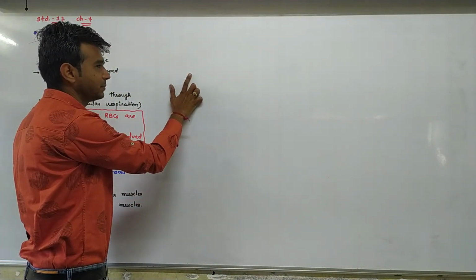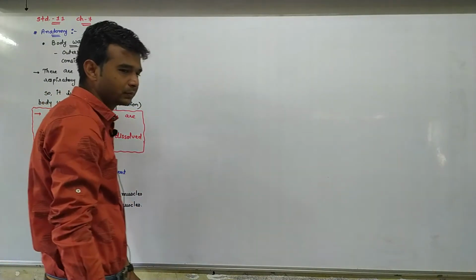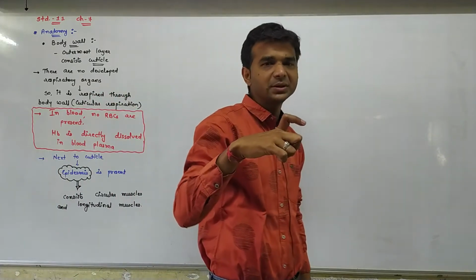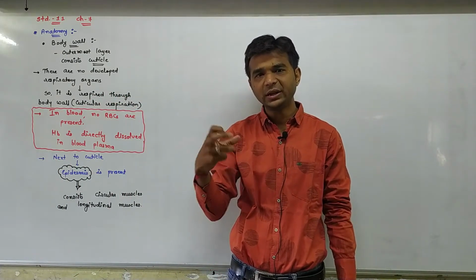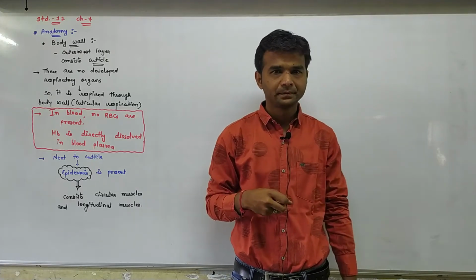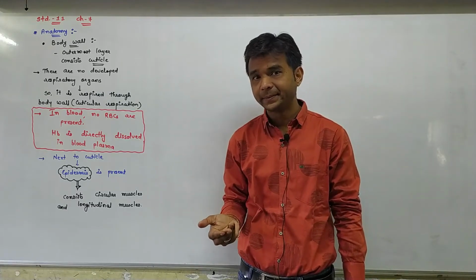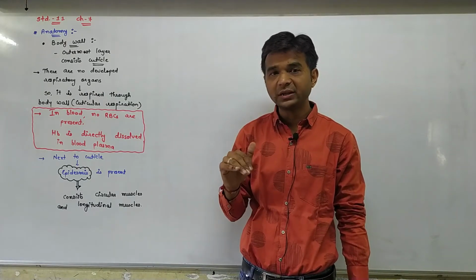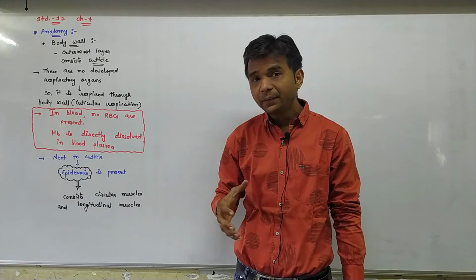In the previous lecture I showed you that due to the circular muscles, the body is bent on one side, and due to the longitudinal muscles, the body becomes short.